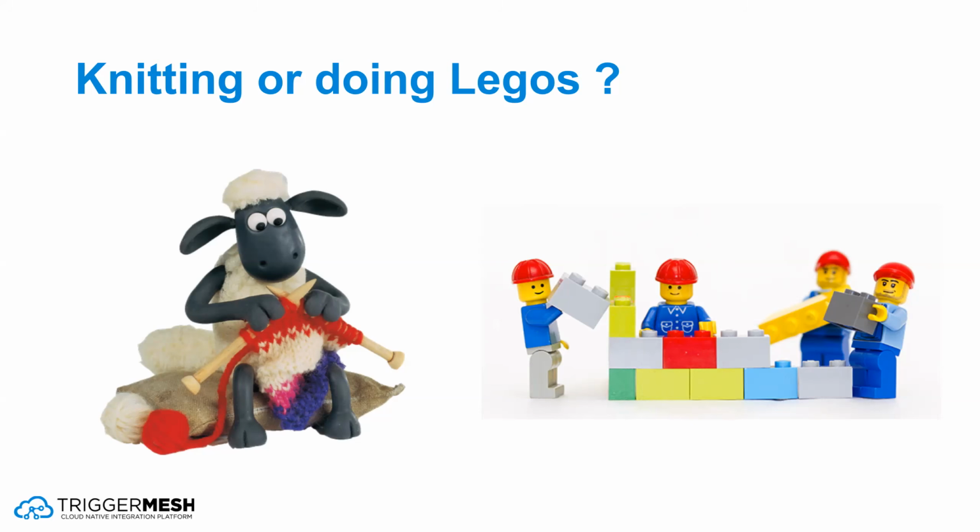And at TriggerMesh, we like to say we are meshing the application together. We say mesh not in the service mesh sense of the word, but really a mesh in the sense of knitting, right? That's really what we do. Or if you prefer Legos, well, we're building apps by using pre-existing bricks, right?